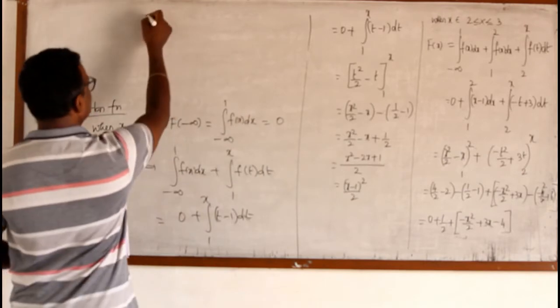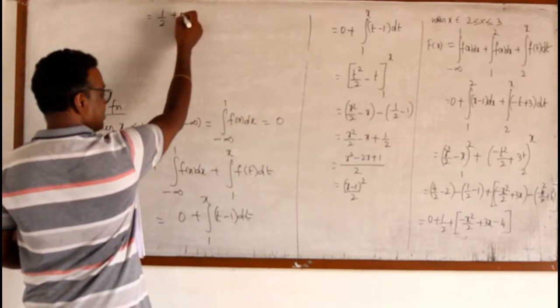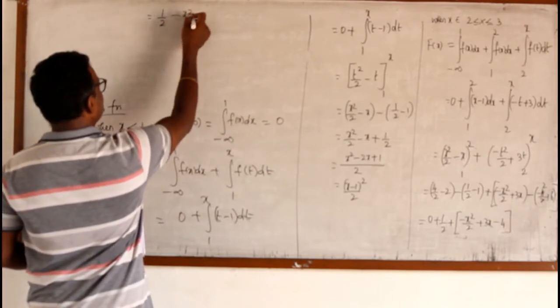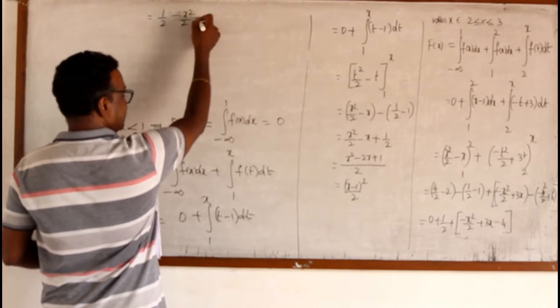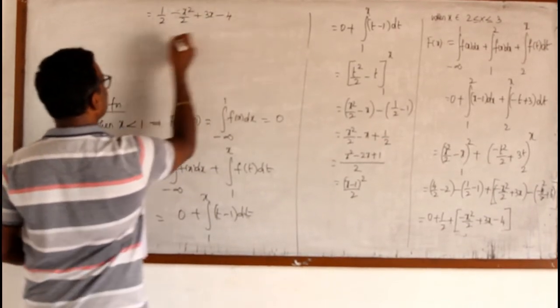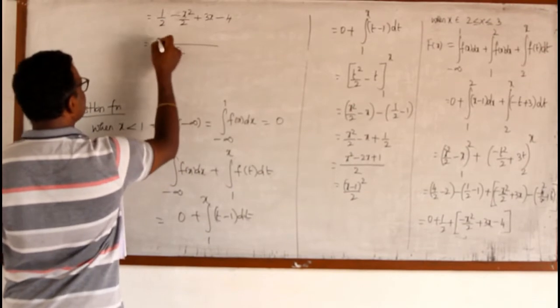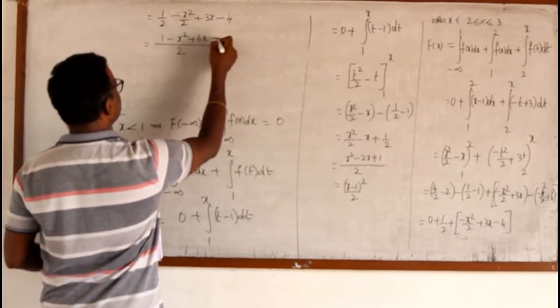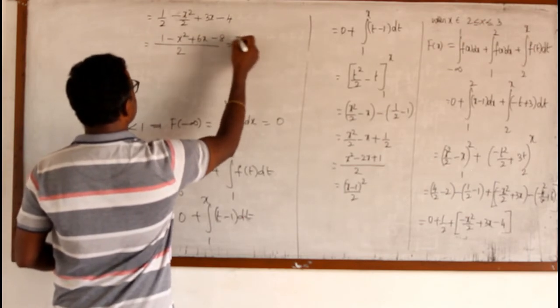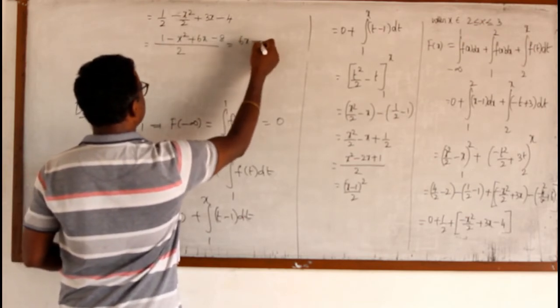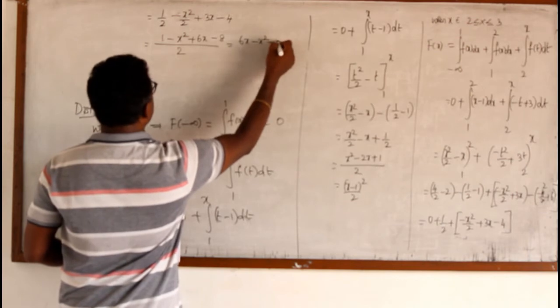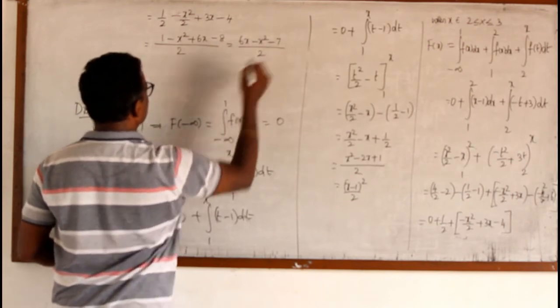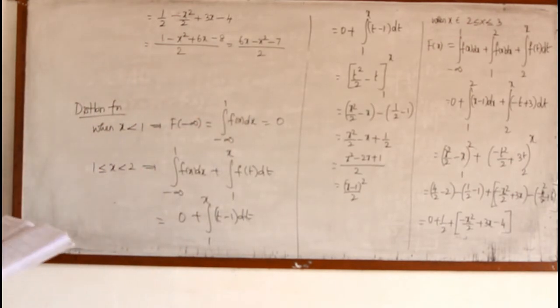It is 1 by 2 minus x square by 2 plus 3x minus 4. When we take LCM, 1 minus x square plus 6x minus 8, so it is 6x minus x square minus 7 by 2. This is the second term.